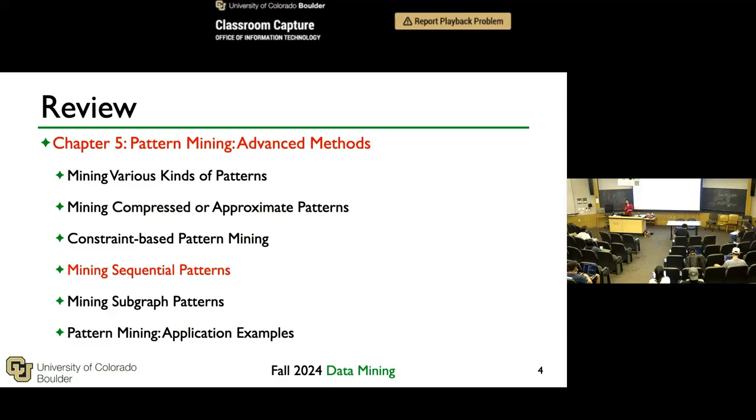And then we start talking about compressed and approximate patterns. Here, the main idea is that you want to find patterns that are, of course, frequent and significant, but you don't want to find patterns that are too similar to each other, because that's basically about how you want to find things that are significant but different. So we were using this idea of a measure for pattern proximity.